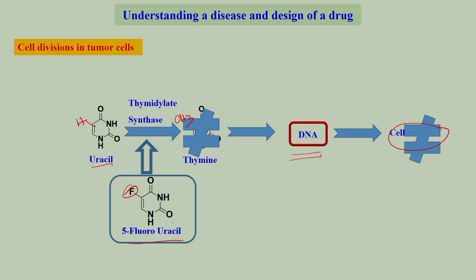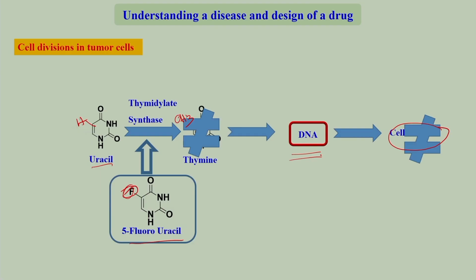Now, once the 5-fluorouracil is taken or recognized by the thymidylate synthase, then the difference is the fluoride atom. Now, the CF bond is very difficult to break, and of course, the enzyme does not know how to break a CF bond. In this transformation, the enzyme knew how to break the CH bond and make the CH3 bond, the C-CH3 bond.